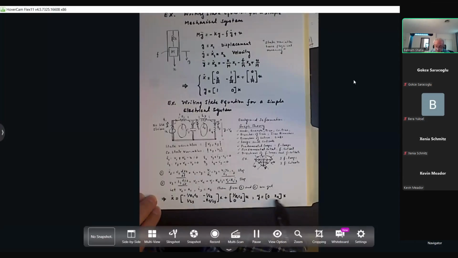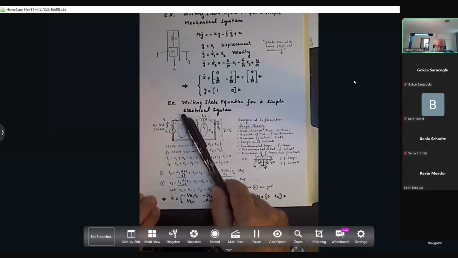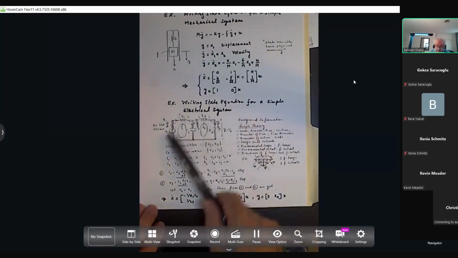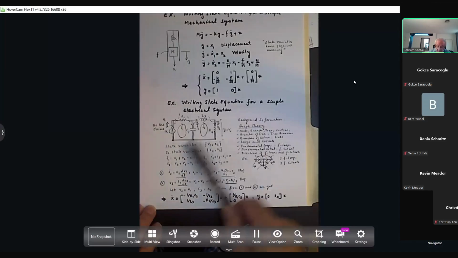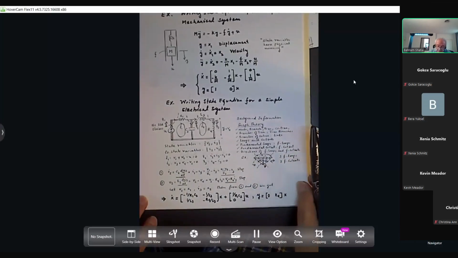As you can see here, I showed how to derive it based on the simple current-voltage relationships between the elements of the system. You have two fundamental loops and three cut sets; two of them can be used, and the rest, this one, cannot be used. It doesn't give you any information. So basically, that is a good summary of what you learned about writing the state equation for a simple electrical circuit.